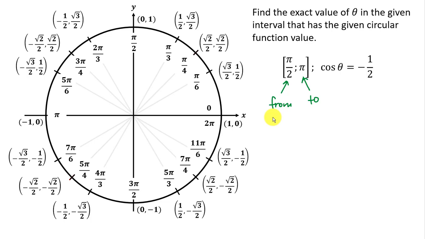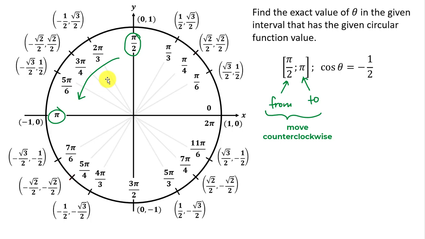The second important note is that when we're trying to find an interval on the unit circle, we always have to move in the counterclockwise direction. Okay, so let's try to put this together. From pi over 2 to pi, moving counterclockwise, that covers quadrant 2, right?